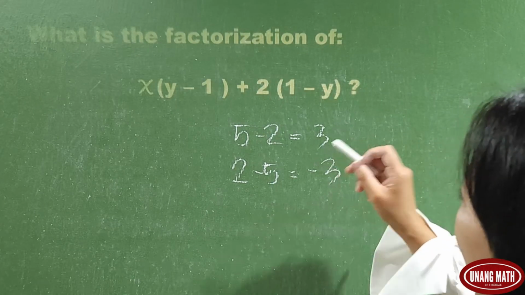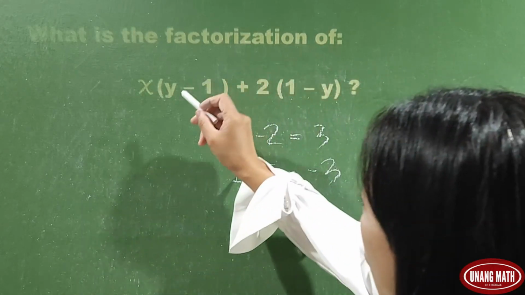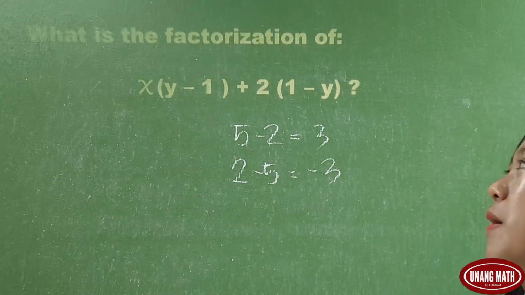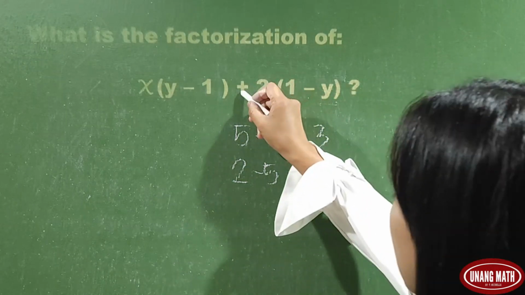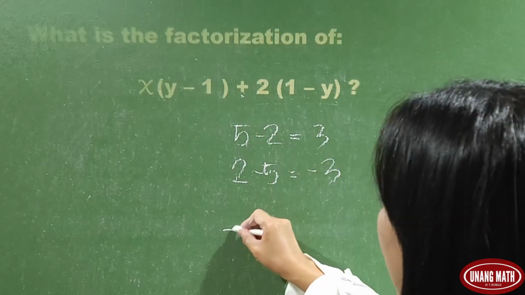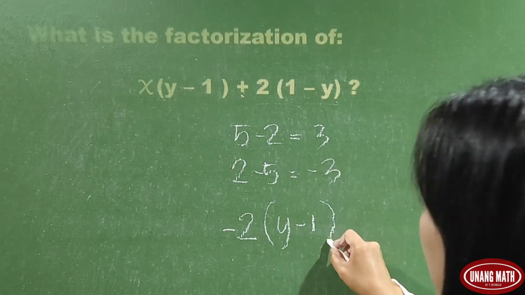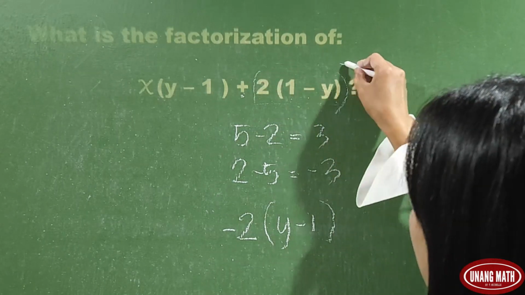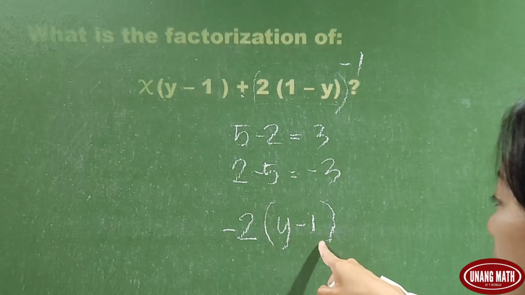But we can actually turn this 1 minus y into y minus 1 by multiplying it by negative 1. So this now turns into minus 2, and this is now y minus 1. If we multiply this by negative 1, we have minus 2, or negative 2, times (y minus 1).